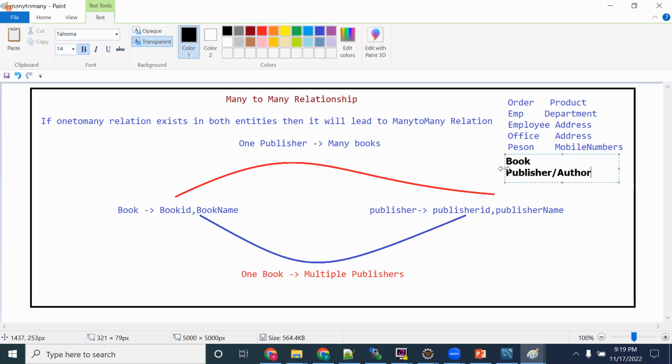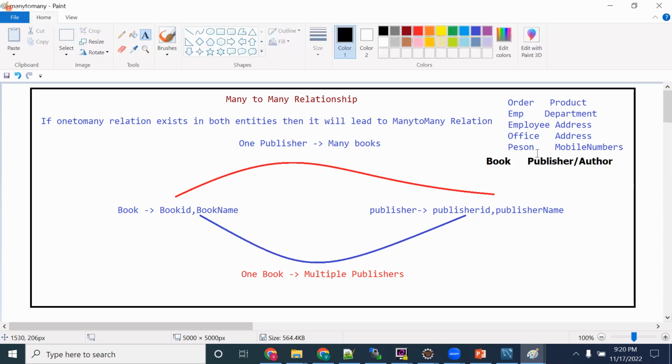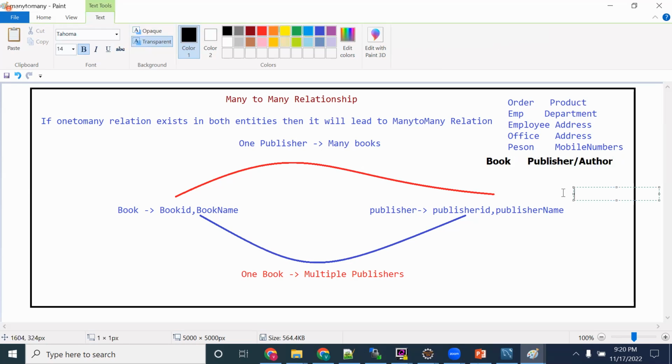One book can be written by only one person or multiple persons? Multiple, right? There is no rule otherwise. There are a lot of books which can be written by two or three people. It's possible, but mostly one book by one person.